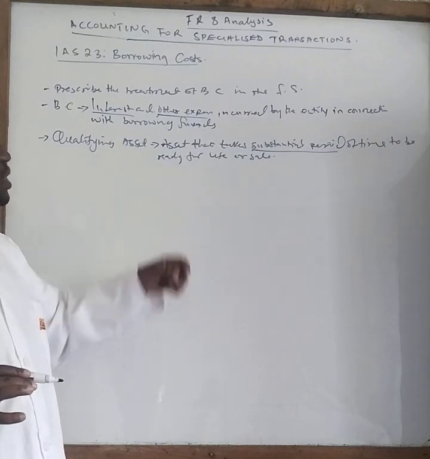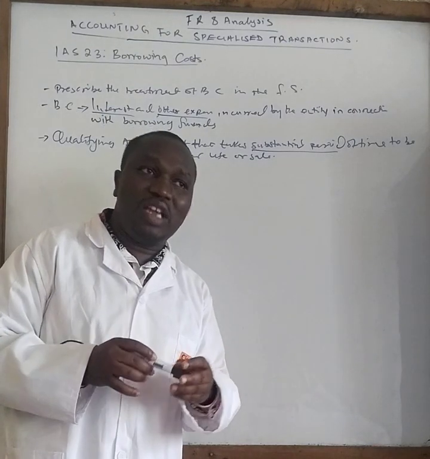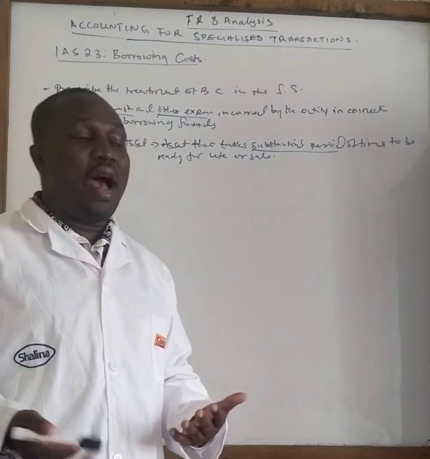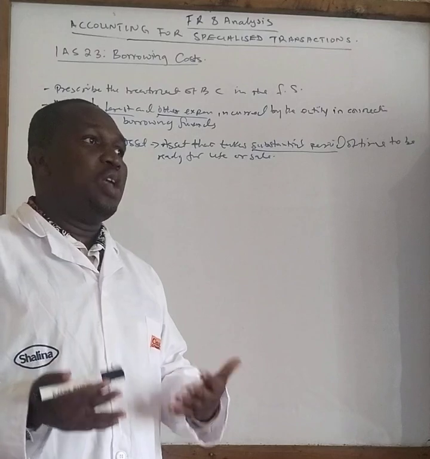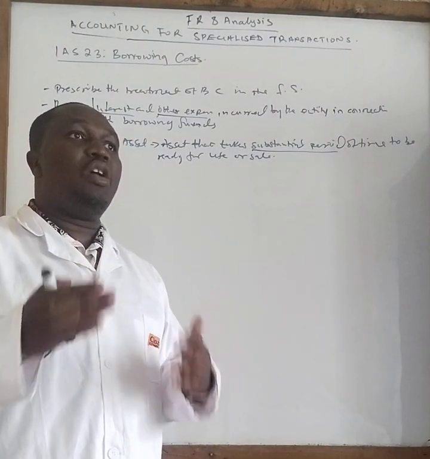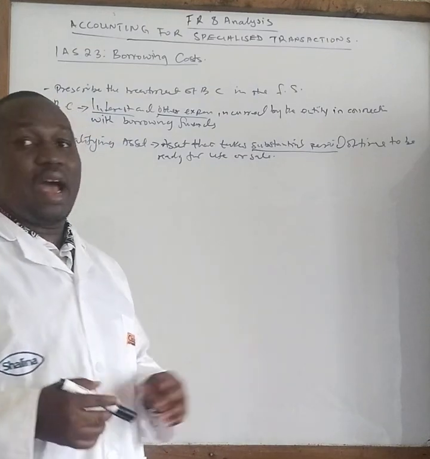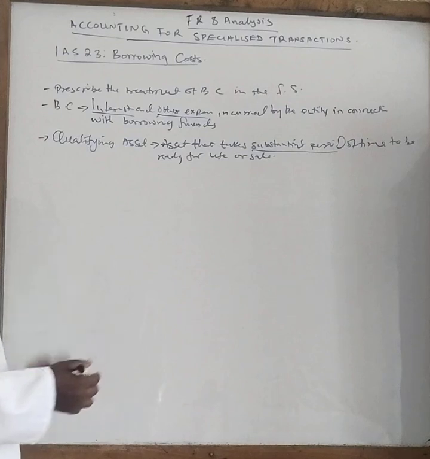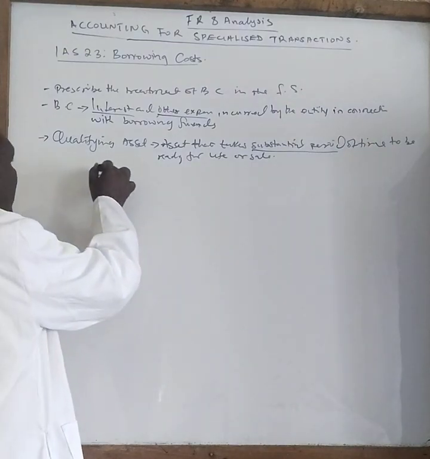So a qualifying asset is that asset that takes a substantial period of time to be ready for use or sale, and the substantial period of time here is a significant period, that is to say, more than 1 year for that particular asset to be ready. Correct?